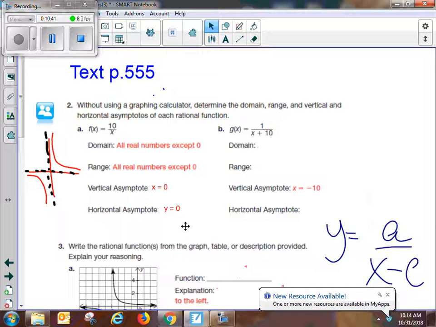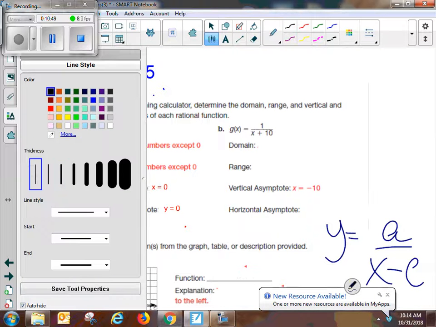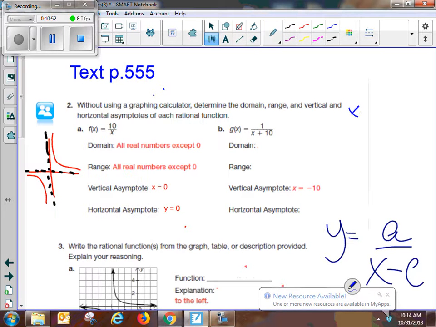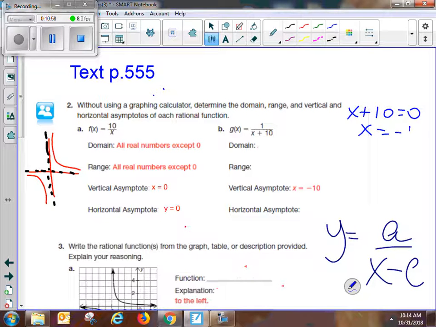Now I have a vertical asymptote at x is negative 10. With me so far? Okay, take the denominator, x plus 10. If you set it equal to 0 and you solve for x, do you agree? Okay, so that says that now that is your new vertical asymptote. So let's sketch that in.